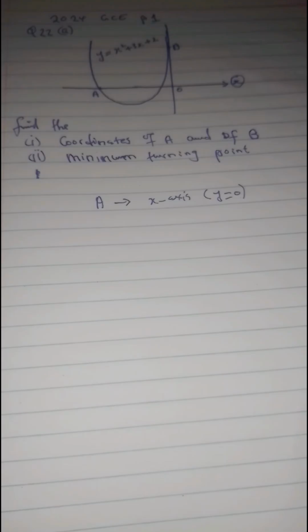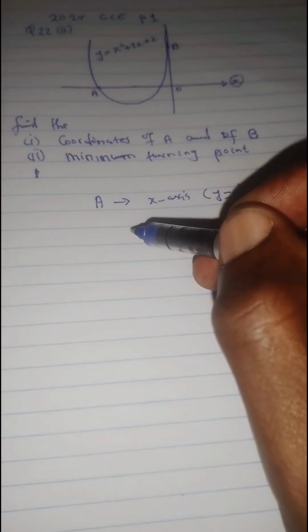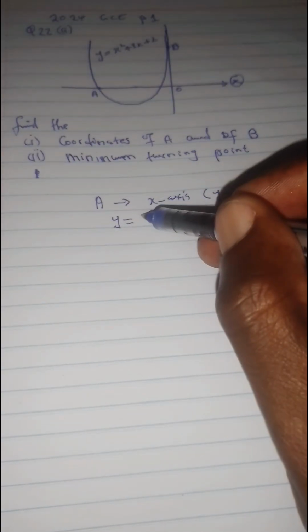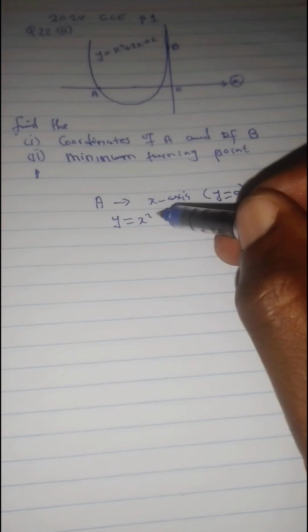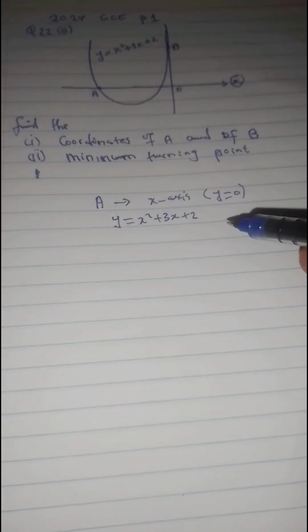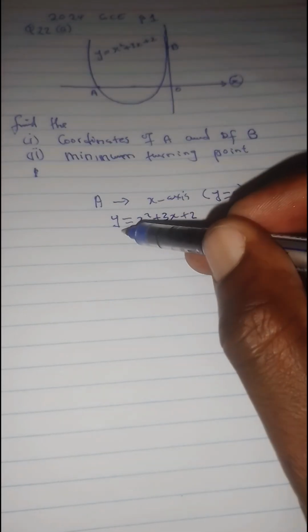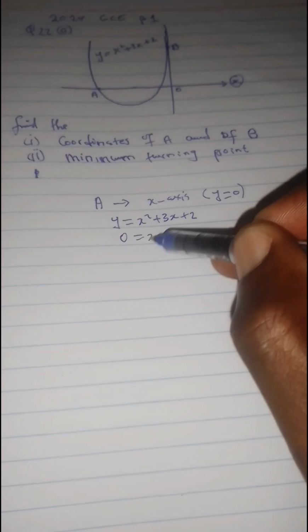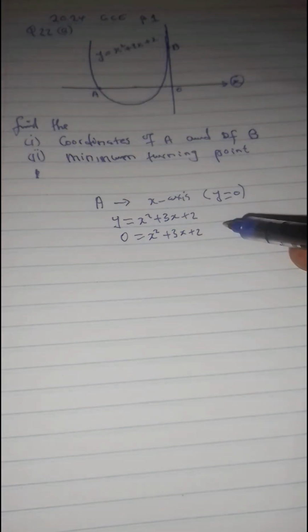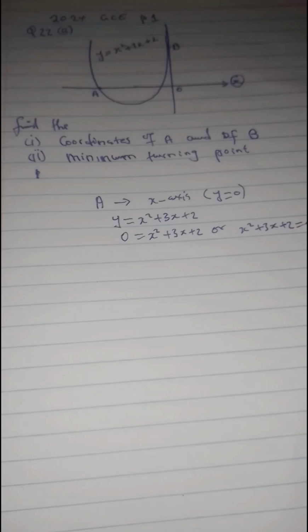So from the equation y equals x squared plus 3x plus 2, we put 0 for y, and this becomes x squared plus 3x plus 2 equals 0.